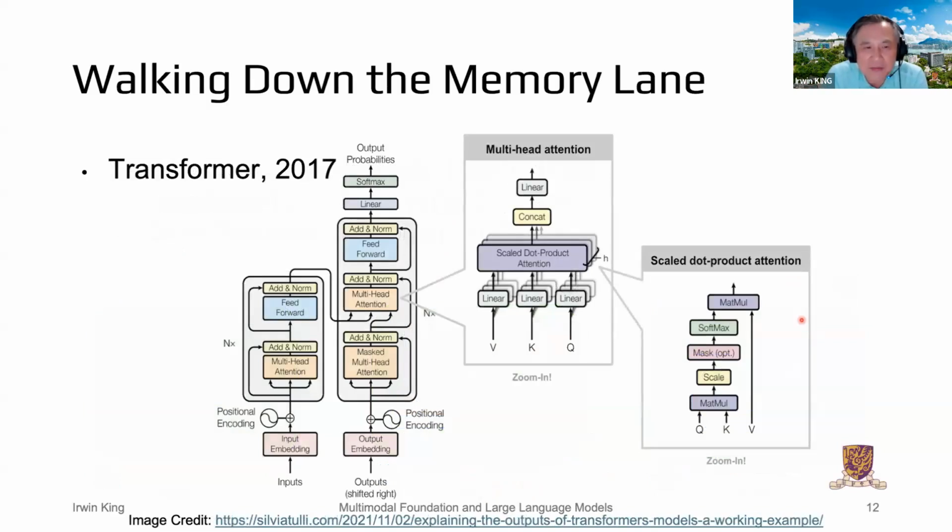In 2017, this is one of the things that actually transformed the industry. The transformer was introduced. So this was not that long ago, in fact, right? In 2024, that's 7 years ago. And the transformer has value, key, and query.